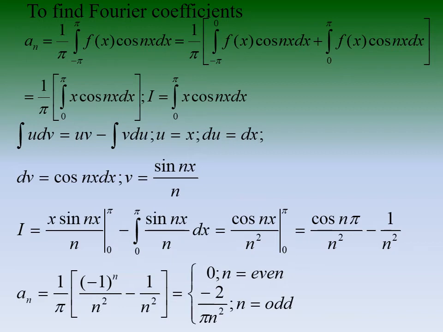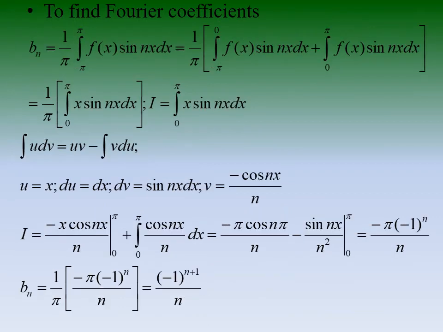If the value of n is even, then these two terms will cancel out. If n is odd, then it is equal to minus 2 divided by pi n squared. So a n is equal to 0 if n is even, and it is equal to minus 2 by pi n squared if n is odd.